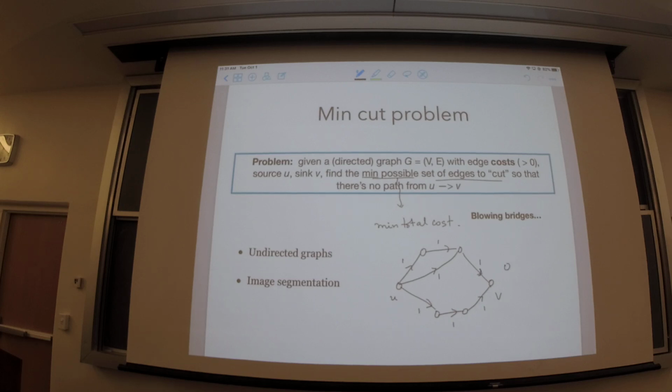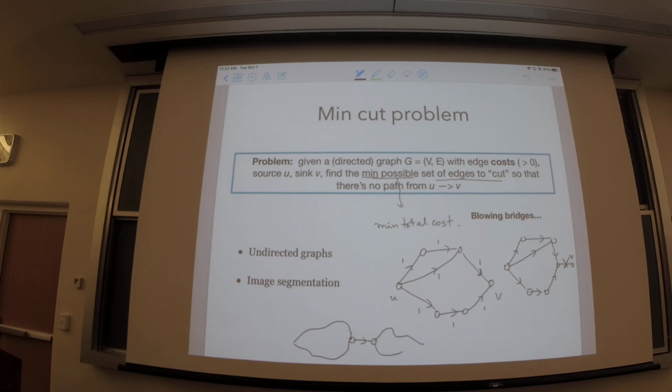But if instead I had some graph that looked like this, the V is over here. Now it's enough to just cut this one edge. Or in general, you could have something where you have some bottleneck edge, let's say.